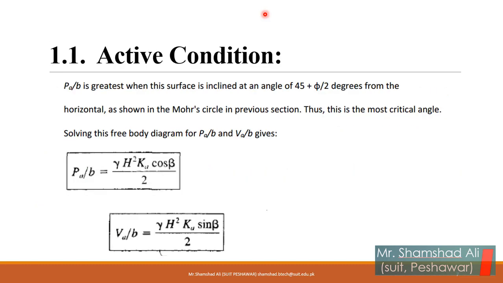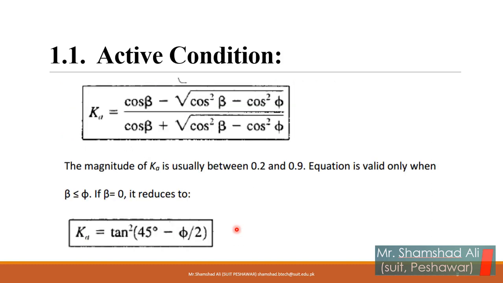Now, if you want to find the active condition, you have some formulas. If you want to calculate the active pressure, you have this formula, and if you want the shear at the active condition, then you have this formula. If you want to calculate the coefficient of active earth pressure, then you may use this type of equation.